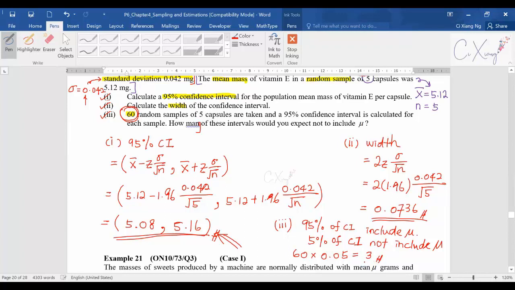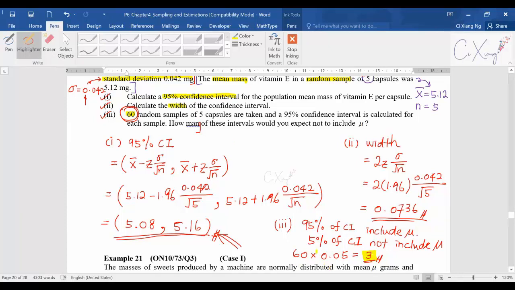So 3 will be your answer, which means out of the 60 confidence intervals, you expect only 3 of the confidence intervals that you calculate do not contain the population value; it is not within the interval. Okay, so this is how we do it. 60 multiplied by 0.05 equals 3.